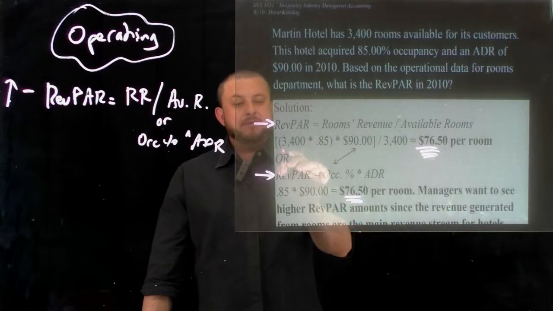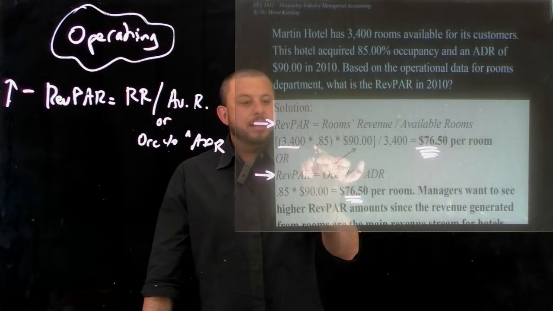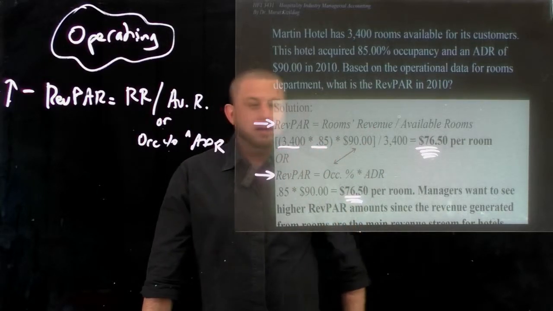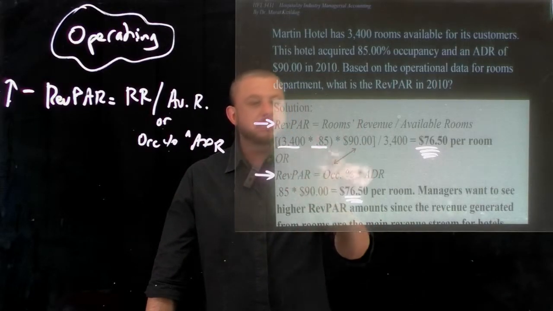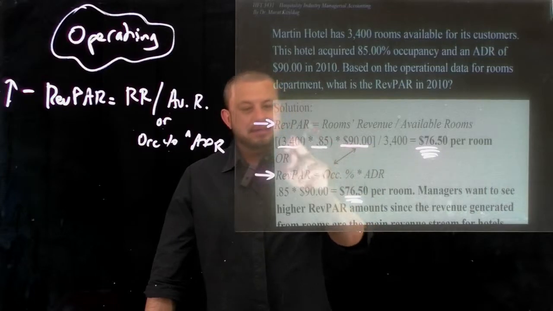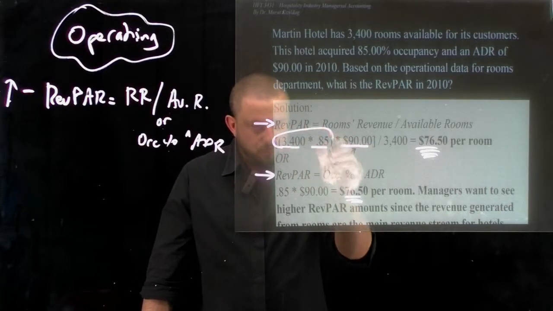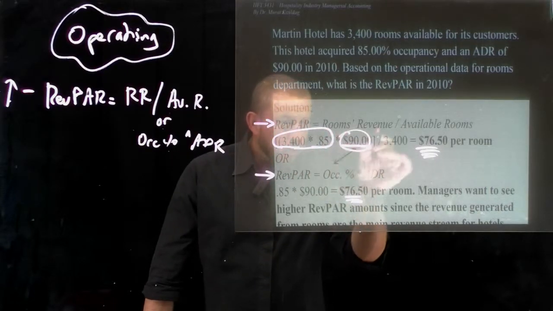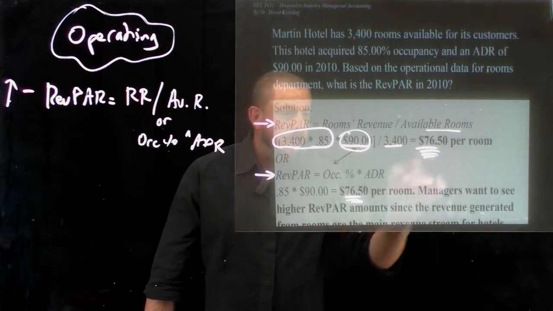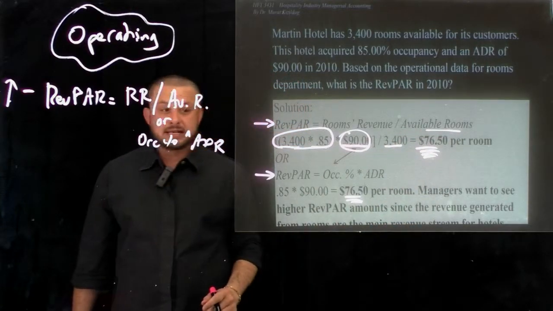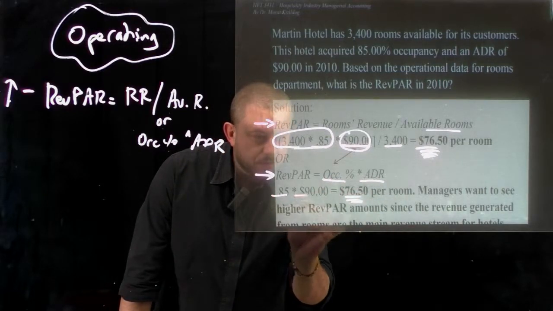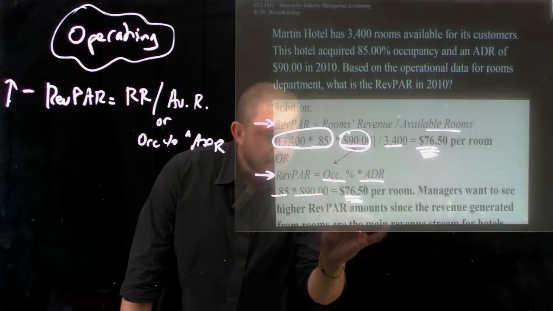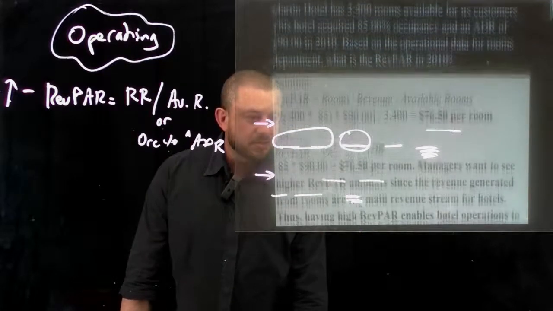So rooms revenue, I have 3,400 available rooms. I have 85% occupancy, multiplied by 90. This is the number of rooms sold, multiplied by ADR, over available rooms, 3,400. It will give me $76.50. When I use the other equation right here, 85% occupancy multiplied by $90, it will also give me $76.50.